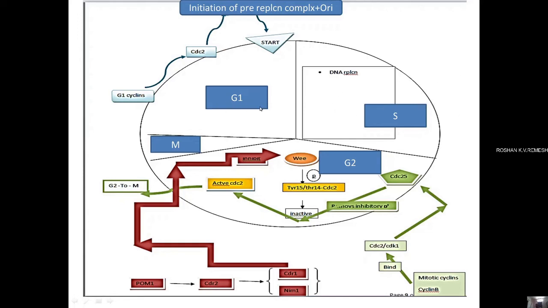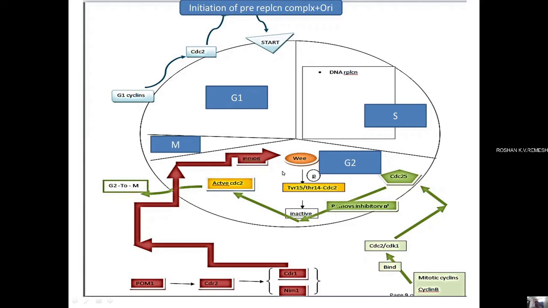So at the end of the G1 phase, these G1 cyclins activate CDC2, and that CDC2 activates the pre-replication complexes to assemble on the origin of replication of the DNA. Once it gets assembled on the origin of replication, DNA replication occurs normally and the cell cycle is driven into the S phase.